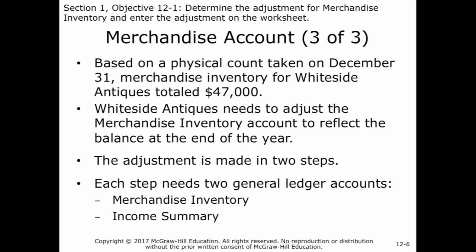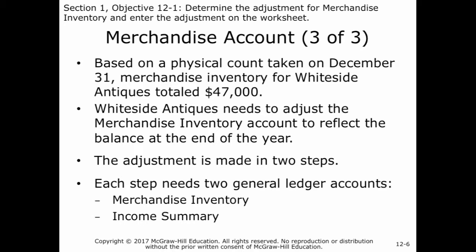However, once the merchandiser takes a physical count, it determines that only $47,000 in inventory remains on hand. So what we need to do is adjust the merchandise inventory account to reflect that balance at the end of the year.